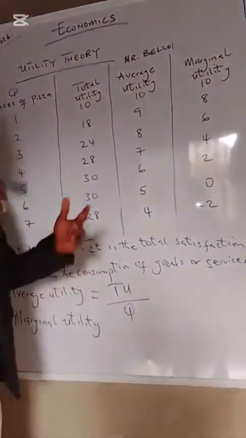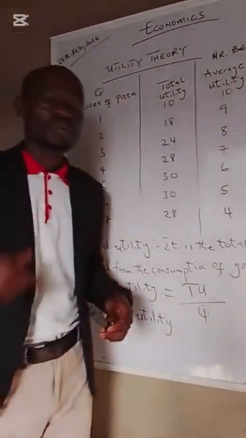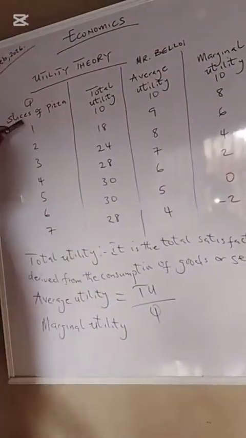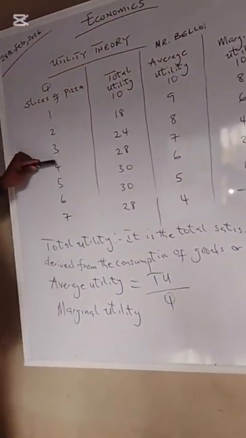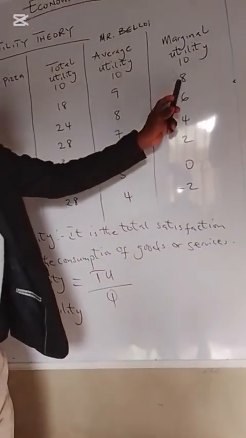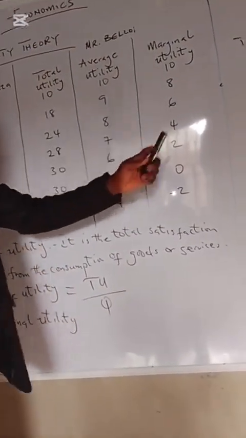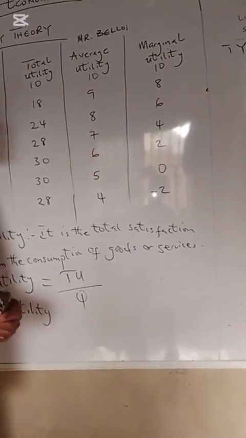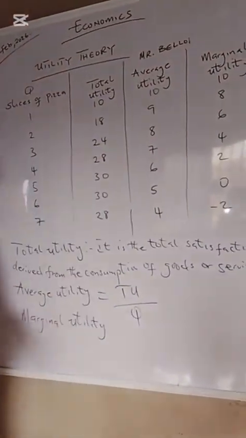As you are adding slices of pizza here, you can look at your marginal utility. These are your marginal utility, the additional satisfaction that you derive from consuming more of the commodity.